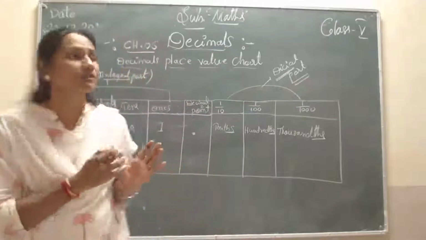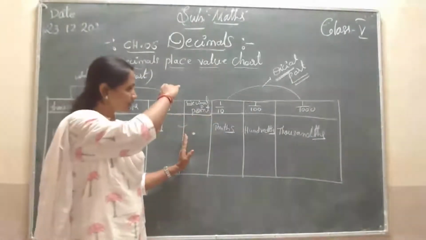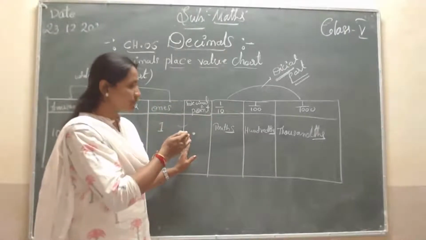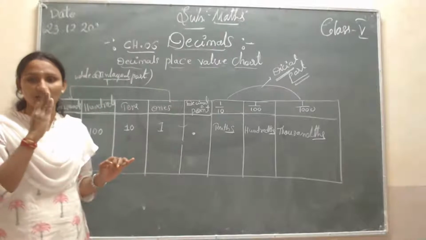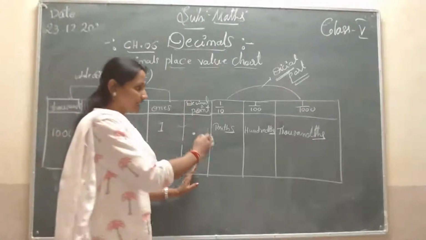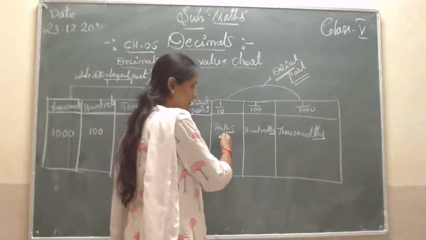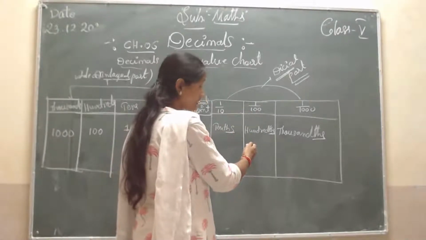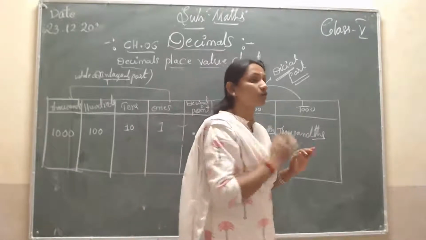What is the difference between the whole parts and decimal parts? In the decimals afterwards, that is 1 by 10, tenths. Next is 1 by 100, what is the name? That is hundredths. So 1 by 1000 is thousandths.